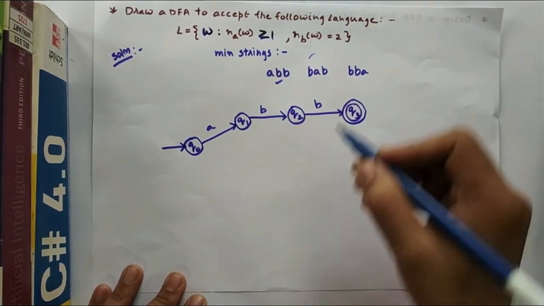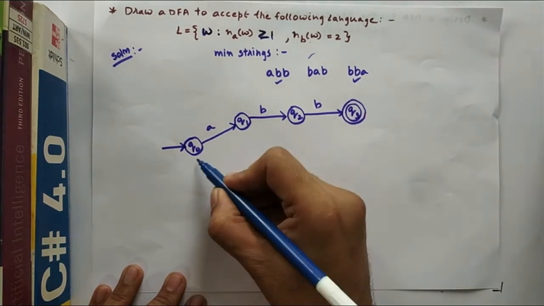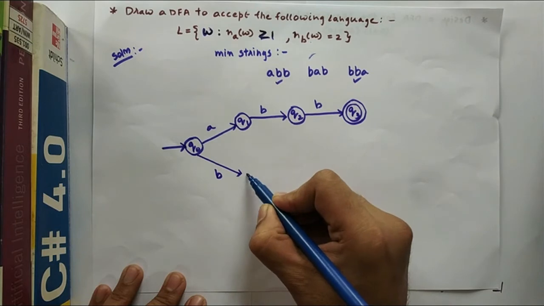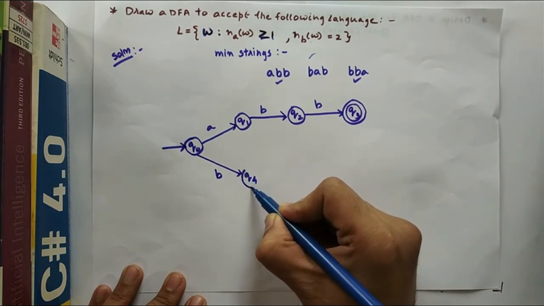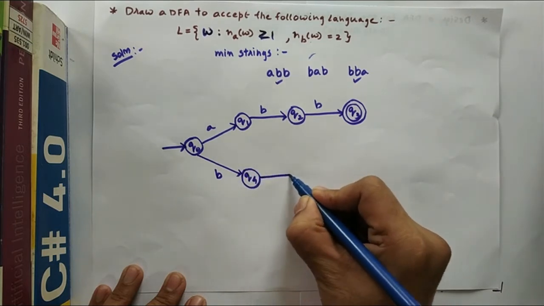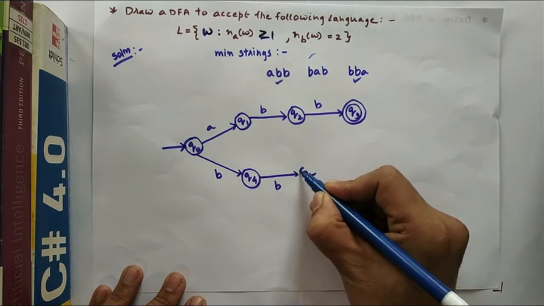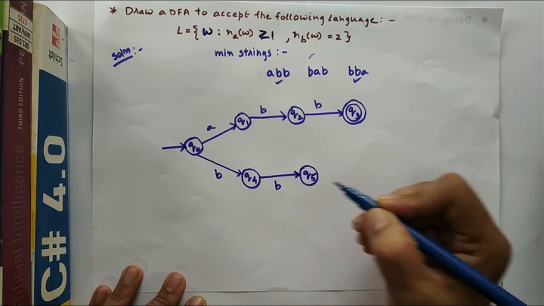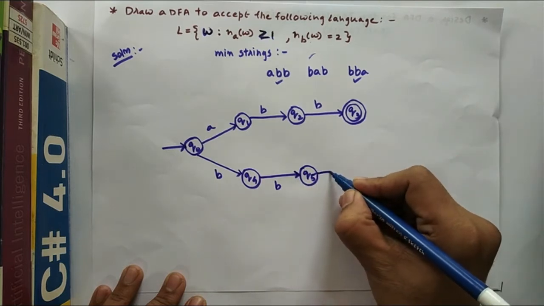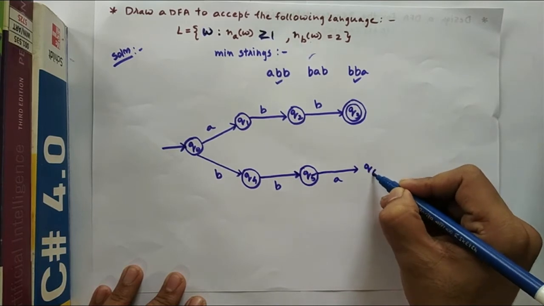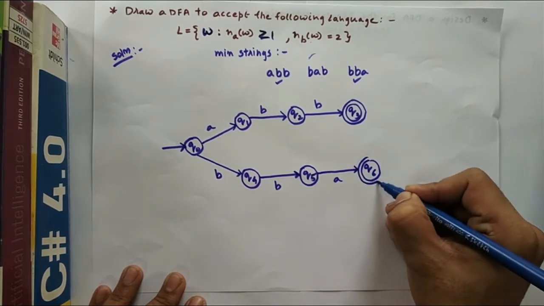Next is BBA. We will design it for BBA. So from Q0 on reading B, it goes to Q4. Then when you read another B, you go to Q5. And on reading A, you go to Q6, and I think this is also the final state.